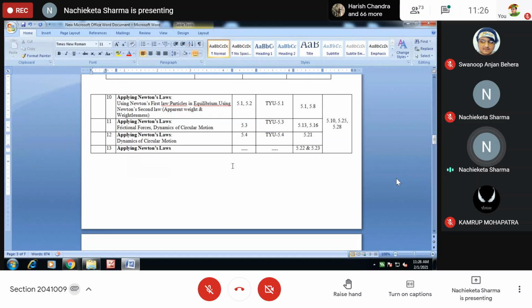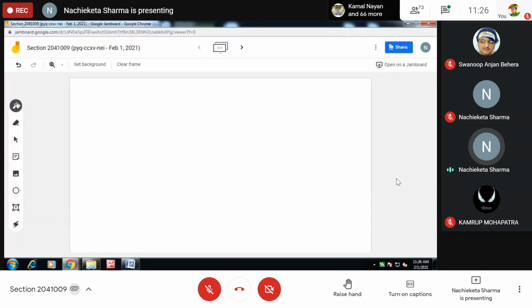Then there is no example 5.9, but I have worked that example 5.9 for you so that you can understand apparent weight and weightlessness. From that, we derived an equation for the normal force. You must have understood that is a beautiful equation. N is equal to M into G plus AY, isn't it? So the presence of this AY is actually creating the sense of apparent weight and weightlessness.